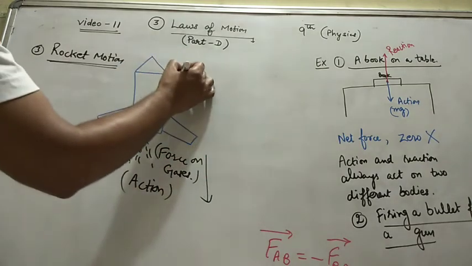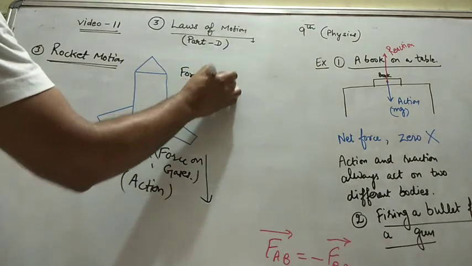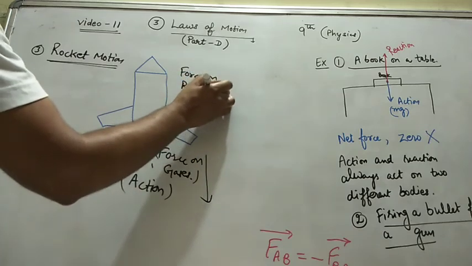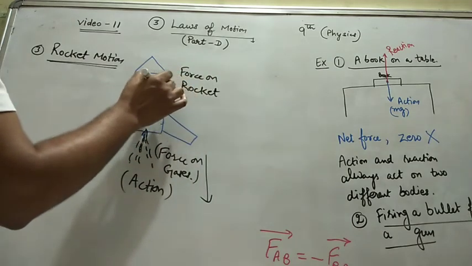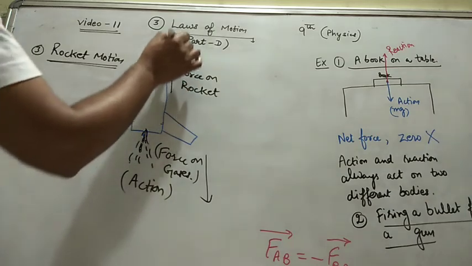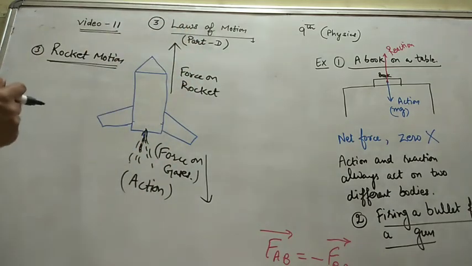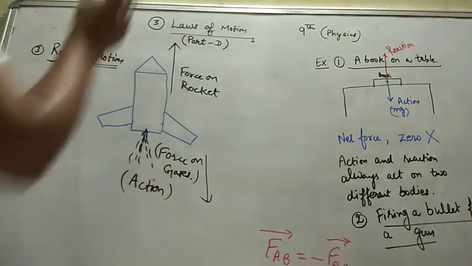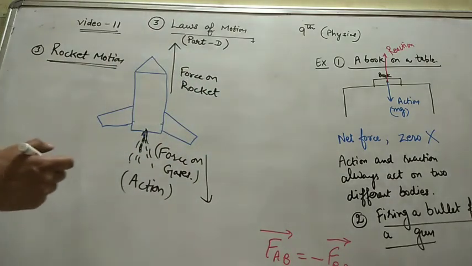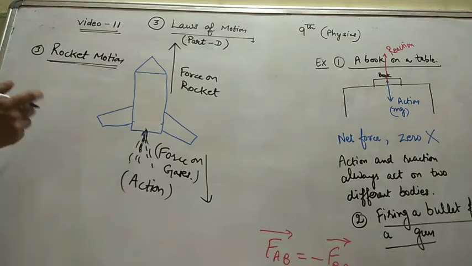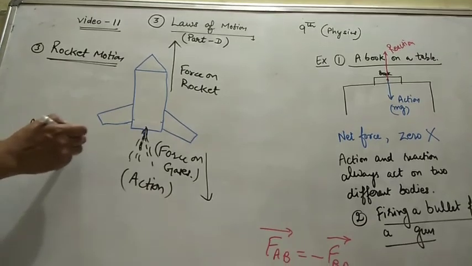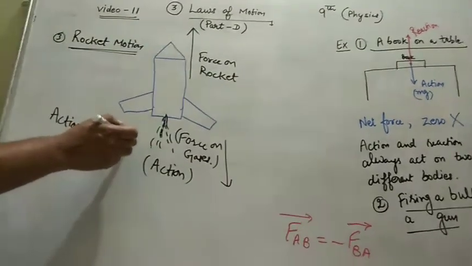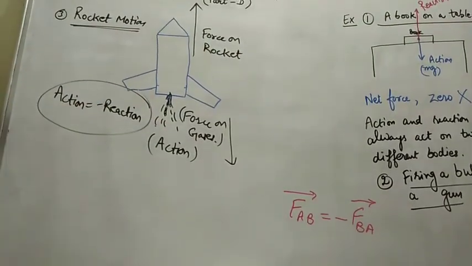And there is a force on rocket. On the expense of fuel, this force is acting in the upward direction. So the rocket on the whole, under the influence of this force, will move in the upward direction. So again the same thing: action and reaction act in opposite directions and are equal in magnitude.